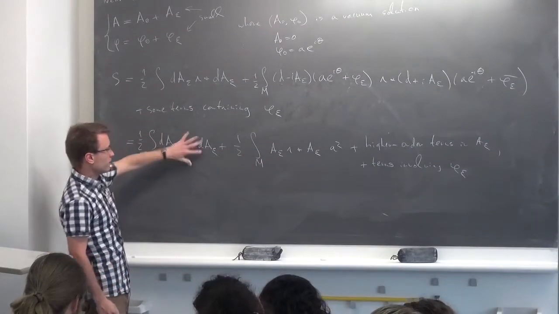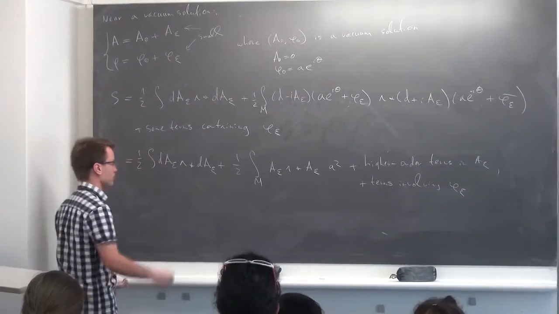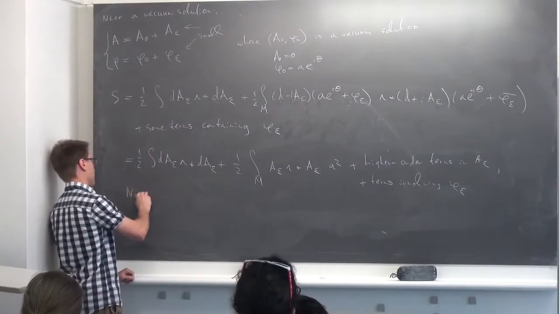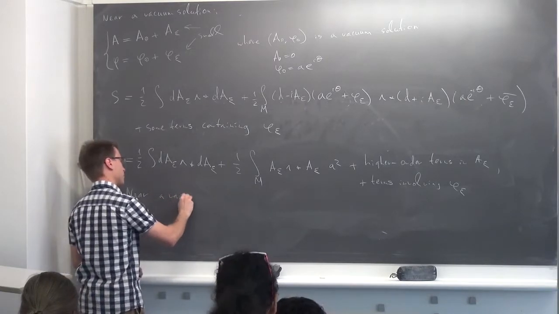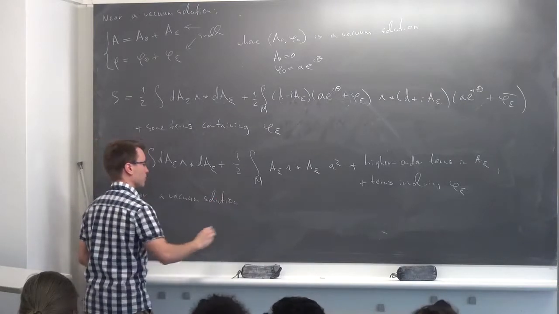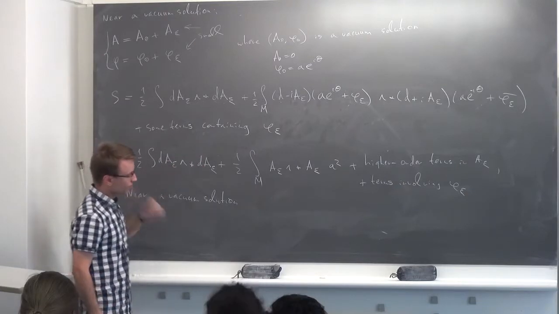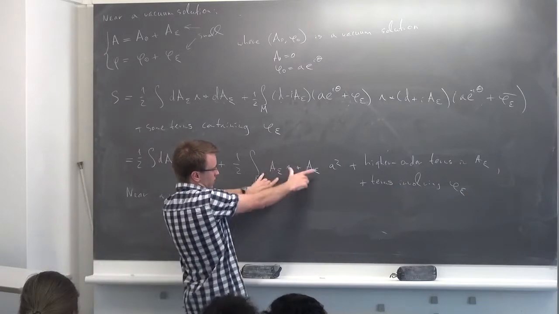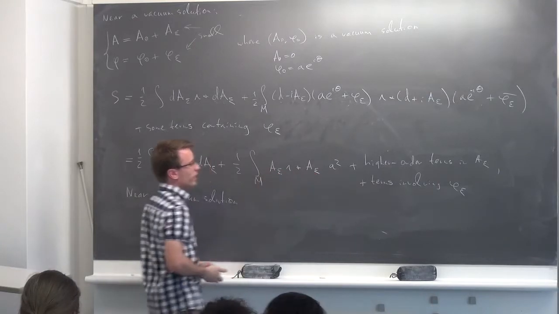Now what you see is that near this solution, if you just look at this action in terms of A epsilon, the gauge invariance has disappeared. So this term is not gauge invariant, A epsilon wedge star A epsilon.